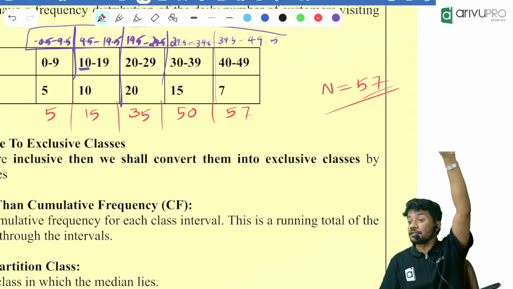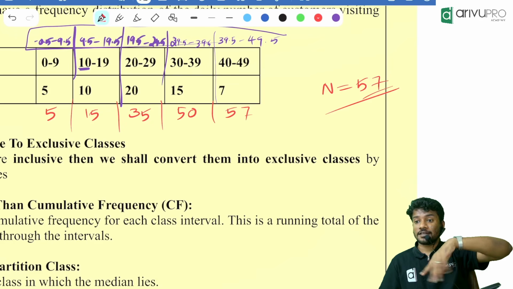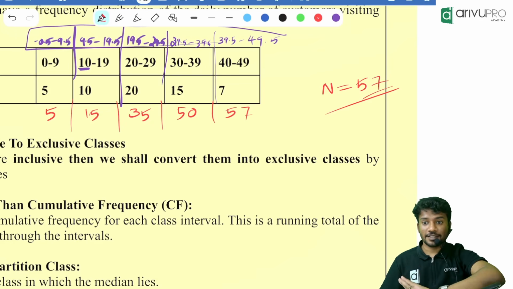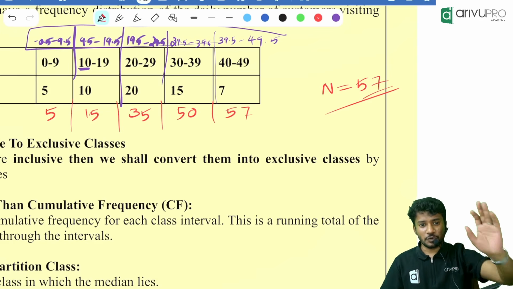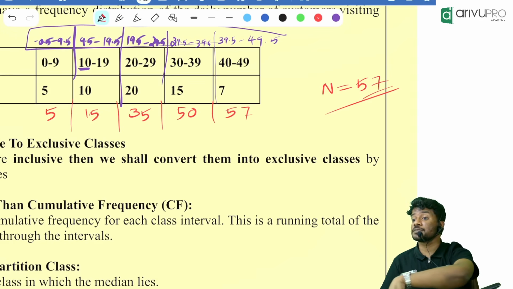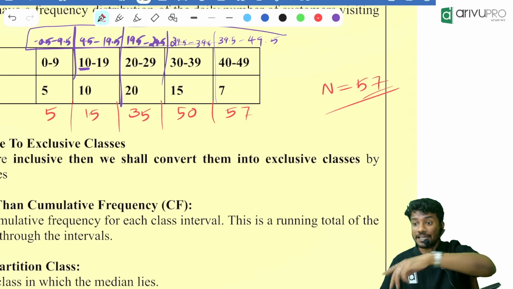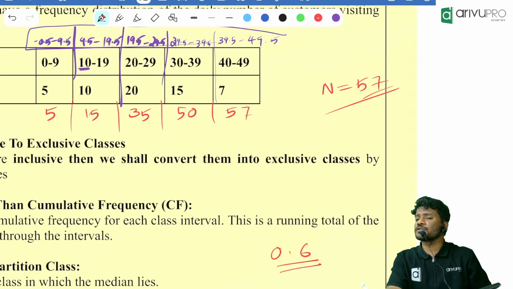Now one more thing. In your school, you might have studied one method. If you use your school method, sometimes you will not get the same answer. ICAI has their own methods. If you write some other methods, you will not get the marks. I'll tell you the exact reason, because there was a question in the last attempt, the Jan 2026 attempt. At school level, we always study it in decimals, for example 0.6.